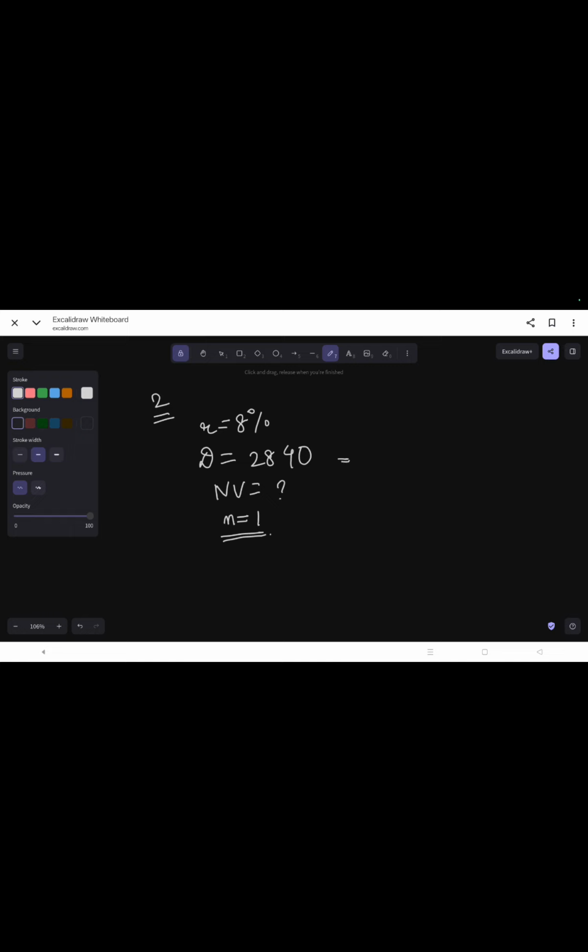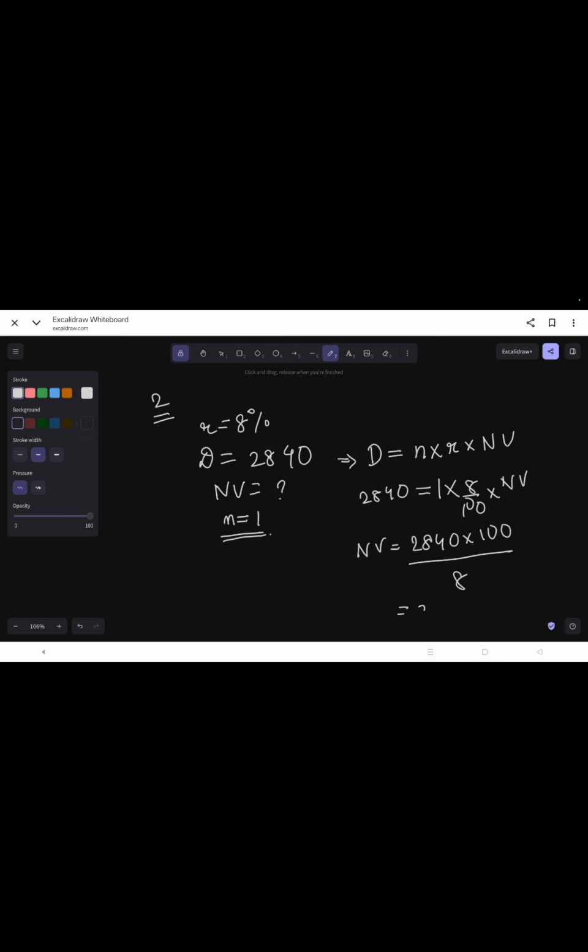So what is the dividend formula? It is N into R into NV. Yes or no? The dividend is 2840, N is 1, R is 8 by 100, into NV. We have been asked to find NV. So NV is 2840 into 100 divided by 8.